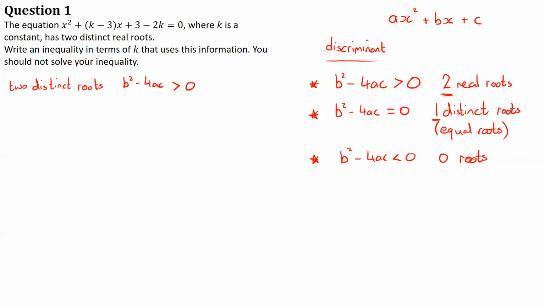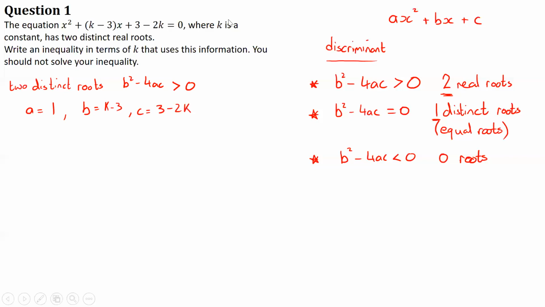We just want to write an inequality in terms of k, but we're not going to solve it. So the hardest bit now is figuring out what a, b, and c are. a, the coefficient of x squared, is 1. b, the coefficient of x, is k minus 3. And finally, c is 3 minus 2k.